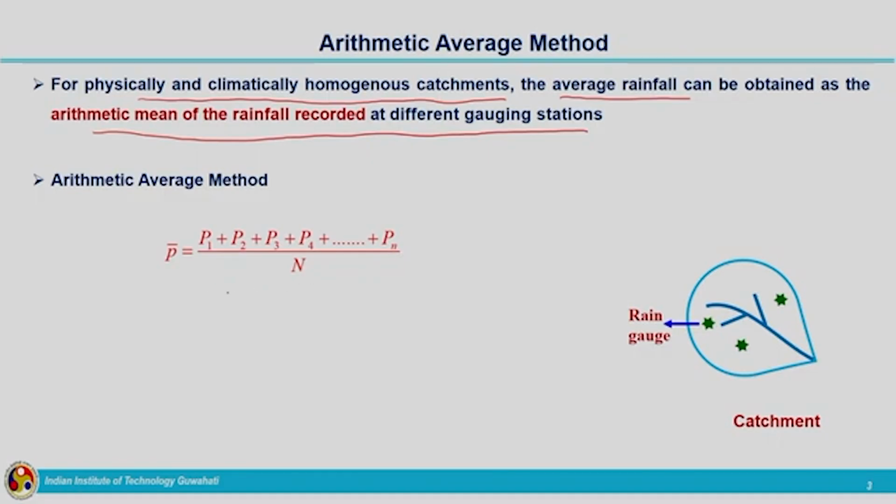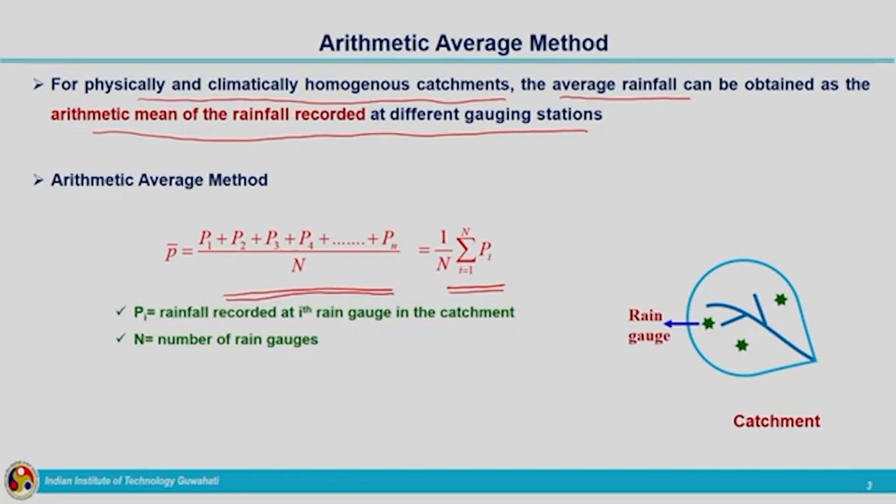That is, P bar is given by P1 plus P2 plus P3 plus up to Pn divided by n, which can be represented mathematically as 1 by n sigma i equal to 1 to n Pi. Here, Pi is the rainfall data from the ith rain gauge station.